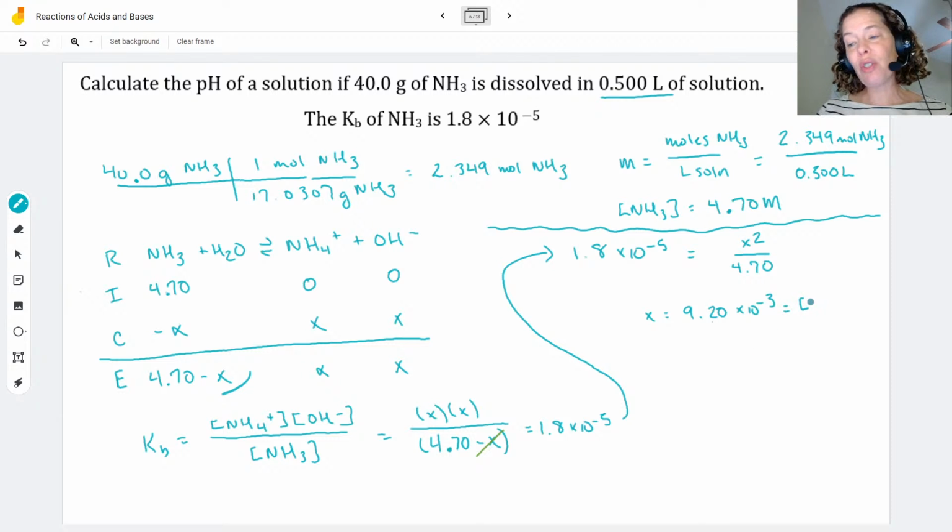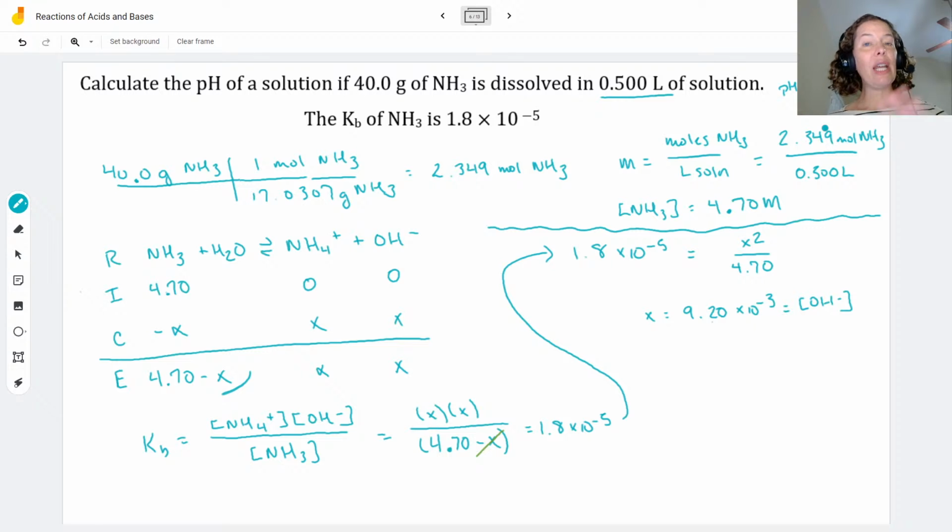What I'm most interested in is my concentration of hydroxide. Now remember, pH is equal to negative log of hydronium. I don't have hydronium yet, so there are a couple different ways to go about this. What I like to do is take my concentration of hydroxide and calculate my pOH and use that to calculate my pH.